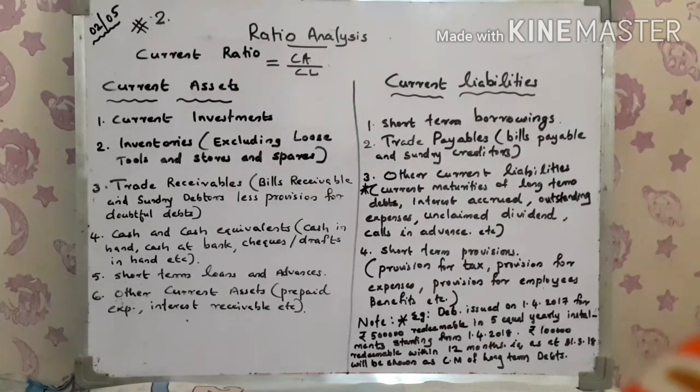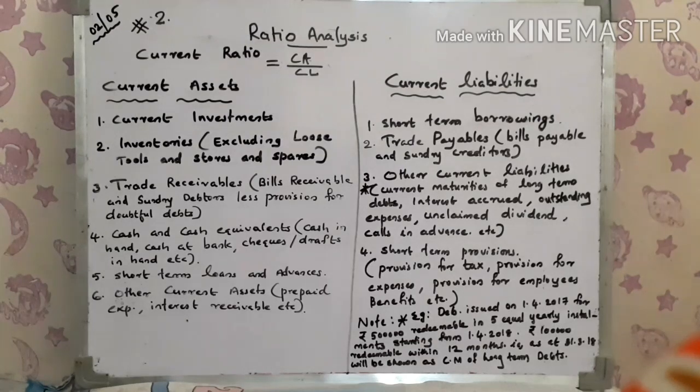First, cash and cash equivalents, that is in the form of cash in hand, cash at bank, checks, drafts in hand, etc. Or any assets that can be converted into cash and cash equivalents within 12 months from the date of balance sheet. Example, marketable securities. It is current investment, a marketable security like treasury bills that we can convert into cash within 12 months from the balance sheet date.